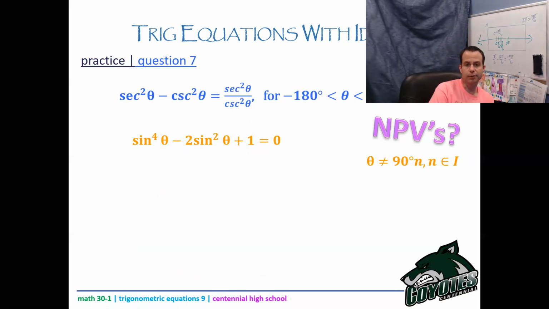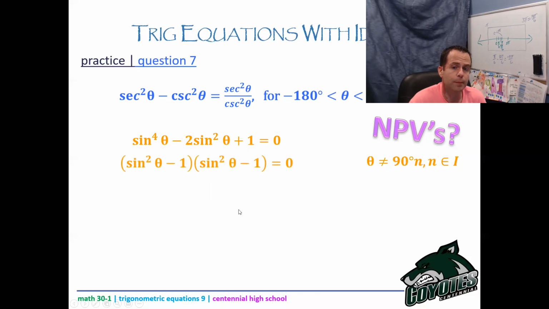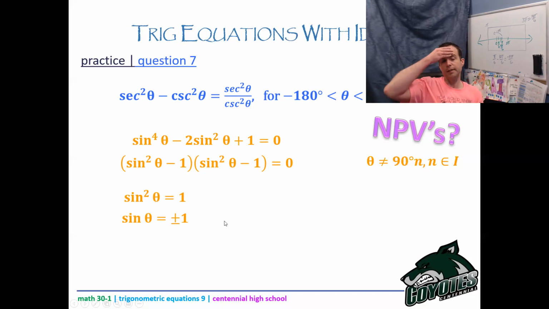Now that it equals 0, I'm going to try and factor it, looking for 2 numbers that multiply together to give you 1, add together to give you negative 2. That would be negative 1 and negative 1. So I'm looking at sine squared theta equals 1, which means sine of theta equals plus or minus 1. Where does sine of theta equal plus or minus 1?